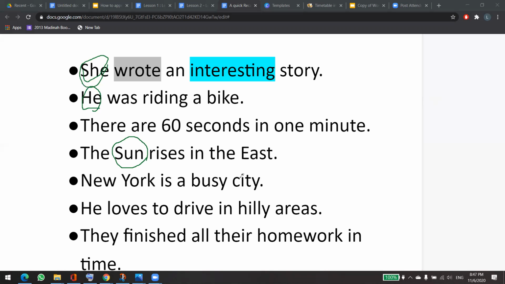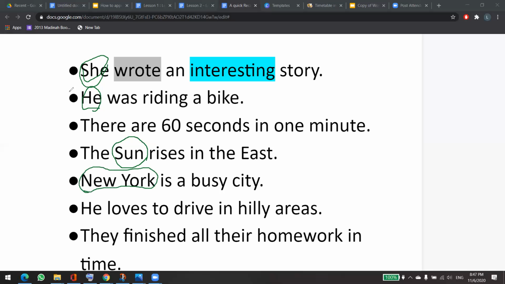New York is a busy city. So do you find an action over here? You don't find one. So when you don't find an action, you look for the subject of the sentence. What is the subject of the sentence? New York, right? So New York is Rafa in status.